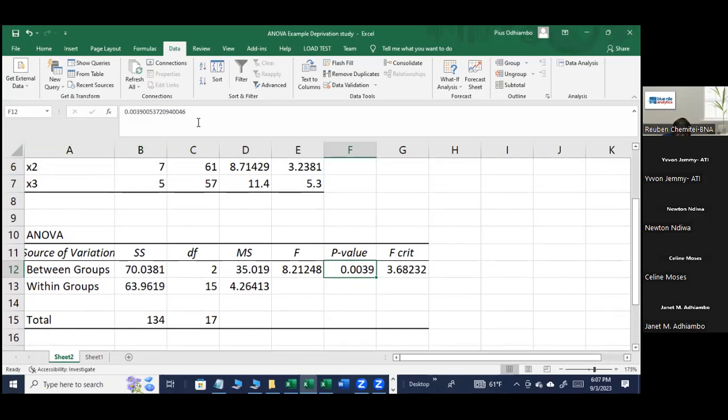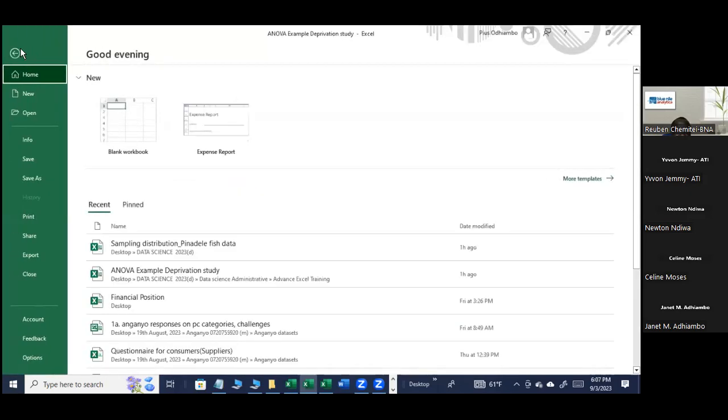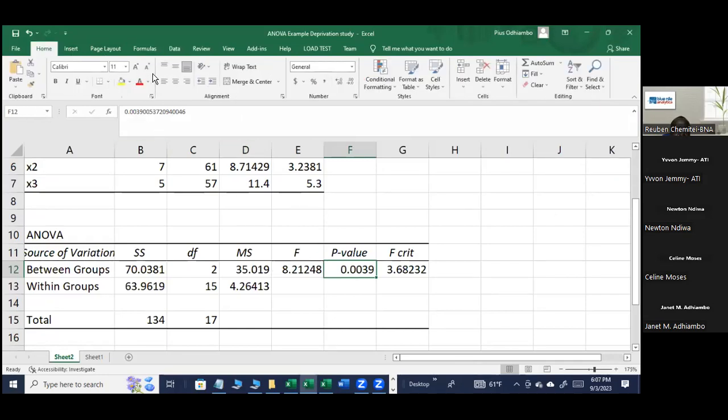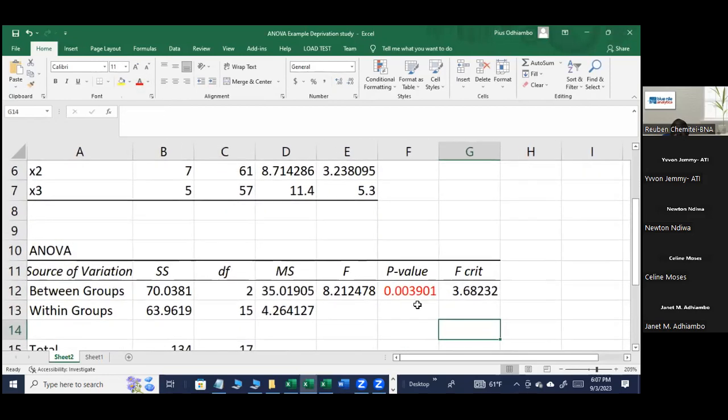Now, this P value here, which I'm putting in red, 0.0039, we compare this P value with the significance value. So the significance value was 0.05.